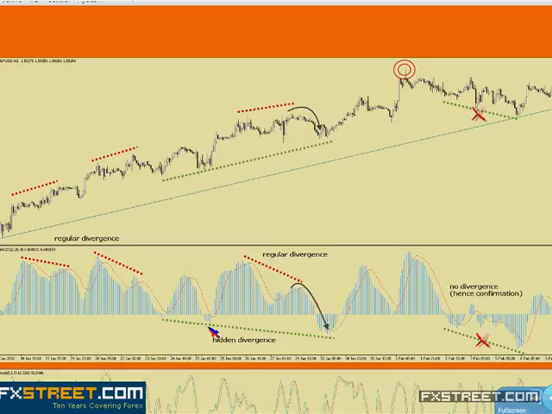On the other side, you have here below the hidden divergence setup printed on the MACD. In an existing trend, price makes a pullback, but the indicator makes a larger pullback than price. That's stretching beyond the mean, like a rubber band or a catapult effect. At this point, we would expect the indicator to revert back to the mean.